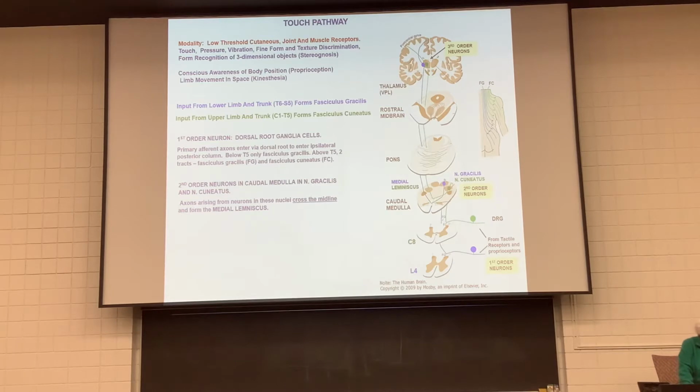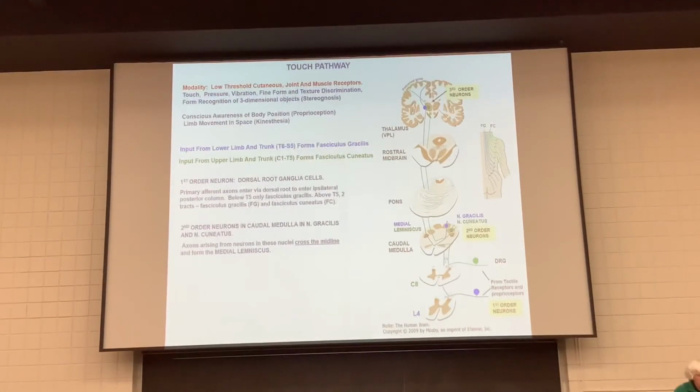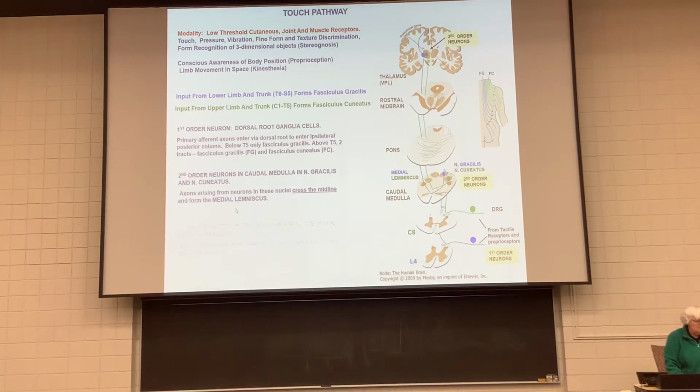The cuneatus and gracilis neurons send axons out that cross the midline and form that medial lemniscus. Medial lemniscus then continues up to the thalamus, and from the thalamus we go to our postcentral gyrus. And what we're going to focus on today is primarily this area, the postcentral gyrus and the projections from the thalamus.